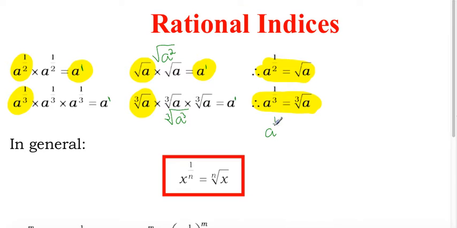If it was a to the 1/4, we would have the 4th root, and so on. So in general, if you have x to the power of 1 over n, that's the same as saying it's the nth root. So we can generalize that.